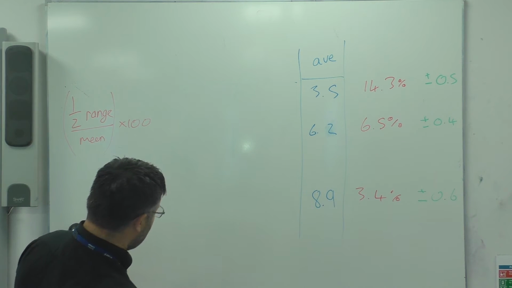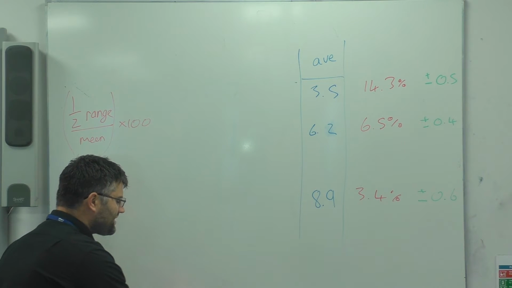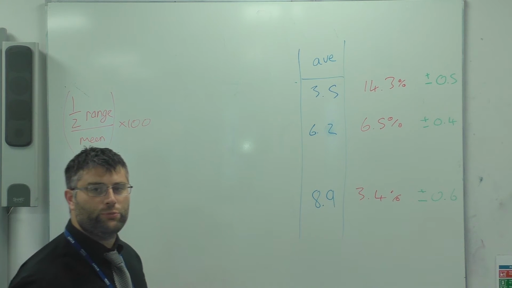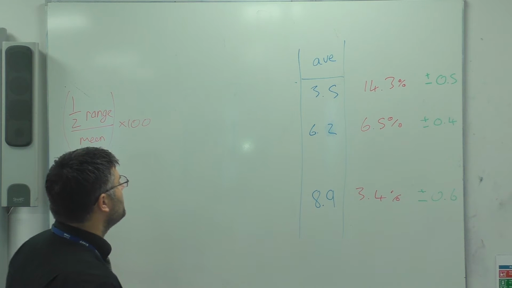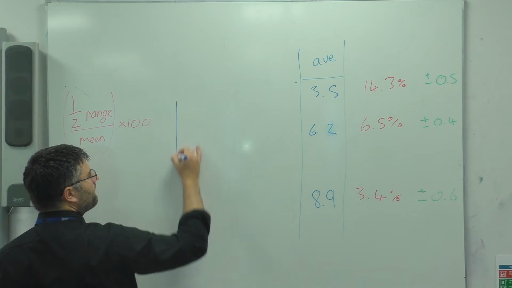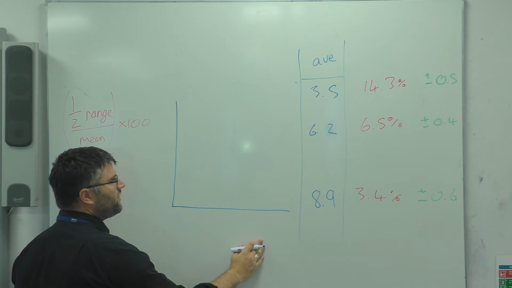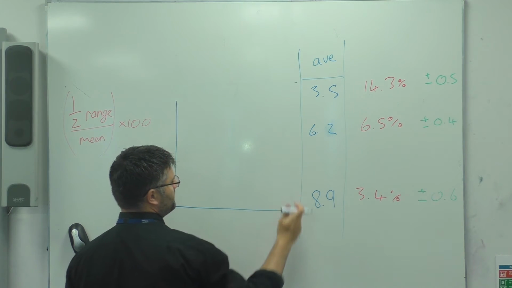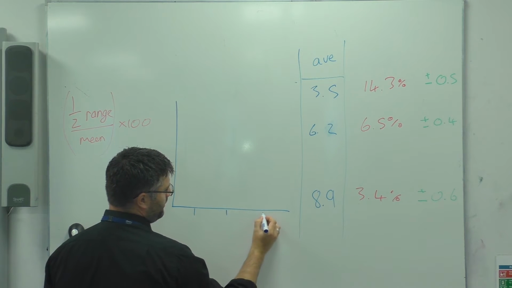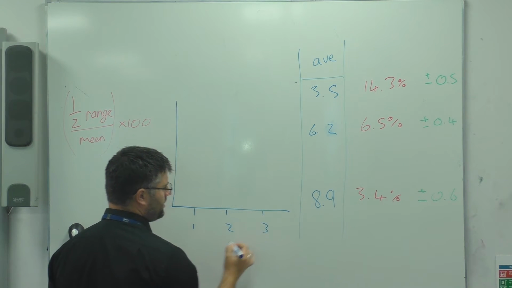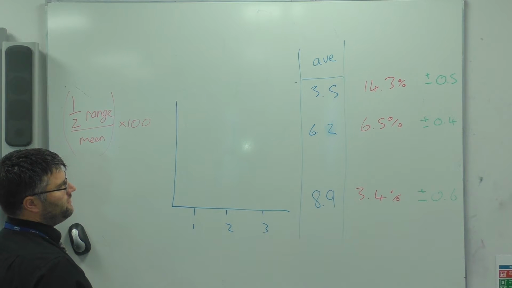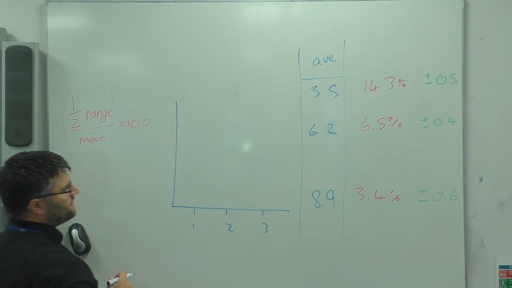Okay, so now normally when we get a set of data like this, we would look to put it on a graph, wouldn't we? So let's draw our graph. We have what we changed at the bottom here, so I've just got 3 values, 1, 2, and 3. And then we need a scale on the left-hand side that goes up to 10.